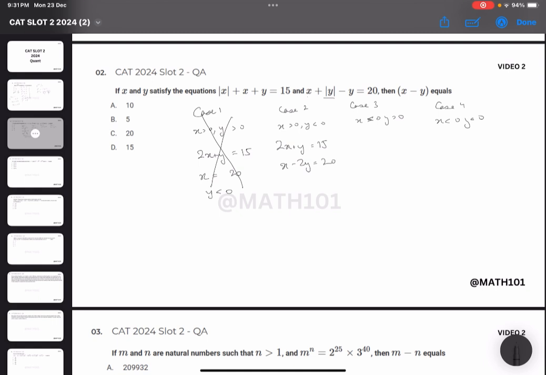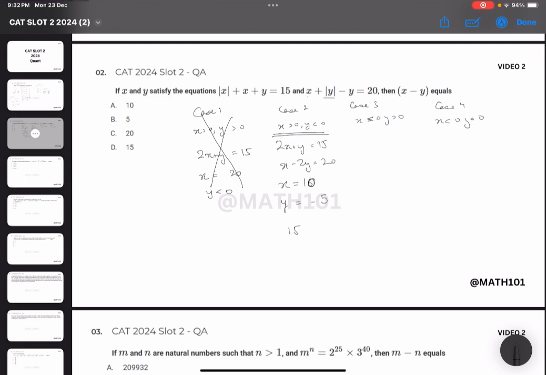Solving for x and y, we get 5x equals to 50. Sorry, x equals to 10 and y equals to minus 5. So both our assumptions hold. So we get one of the solutions, x minus y is equal to 15.